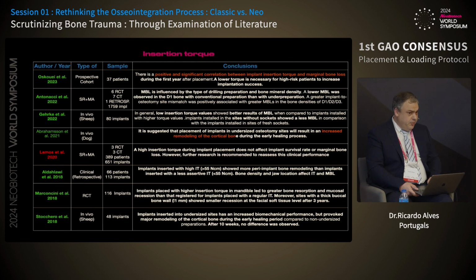So, to be very quick regarding this question of insertion torque against the color of codes, the green means that there is an association between high torque and bone damage.